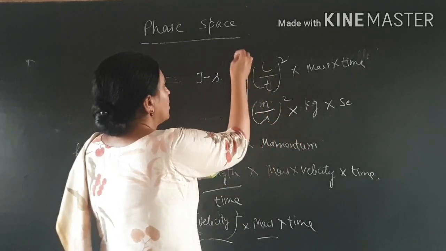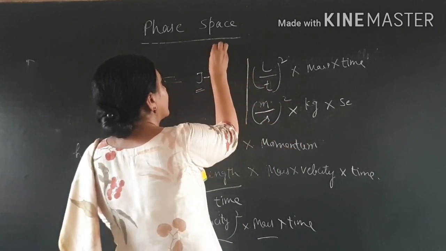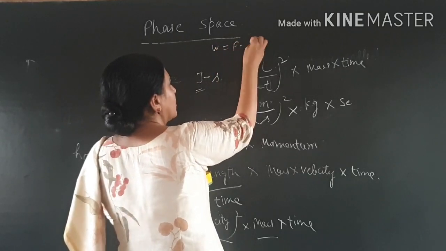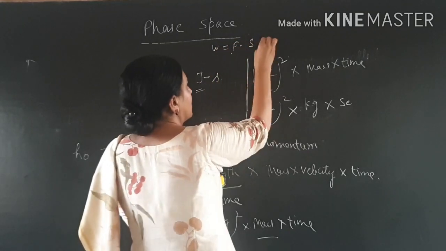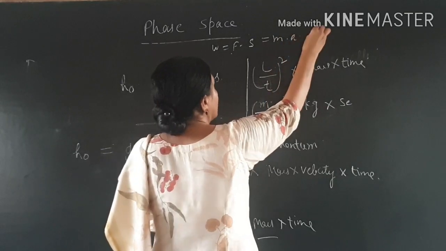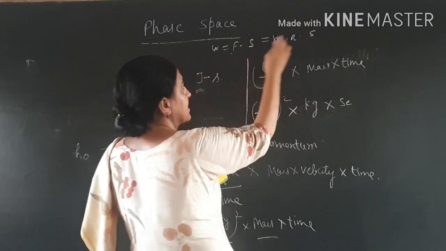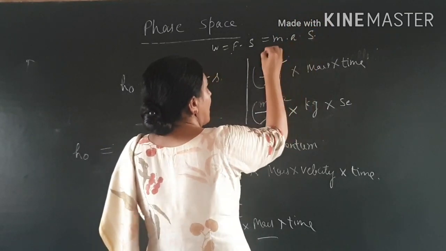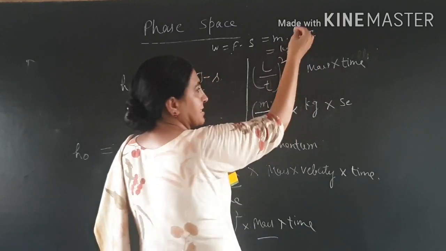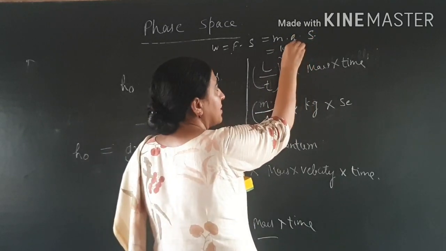Now, we know that joule is a unit of work. Work is equal to force into displacement. Force is equal to mass into acceleration, and S is the length. Mass is in kilograms, and acceleration is velocity by time.